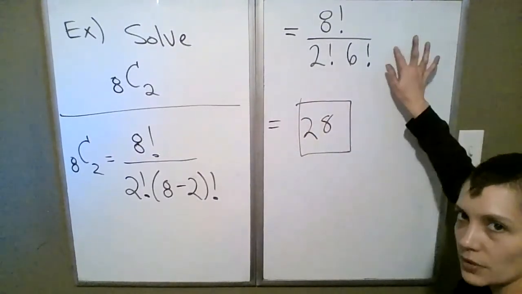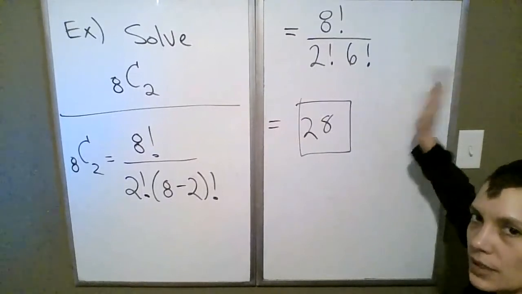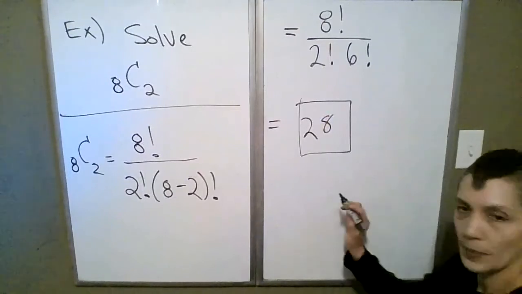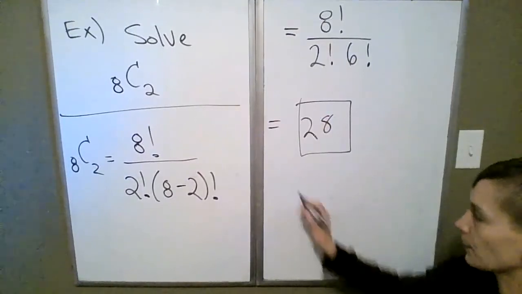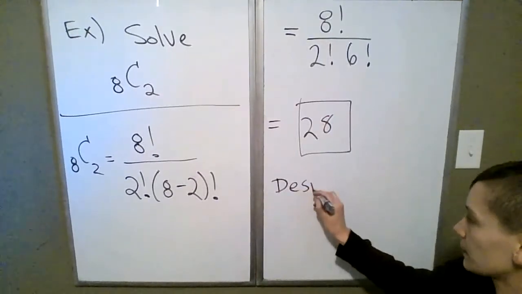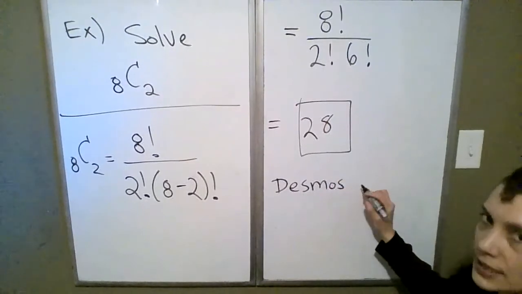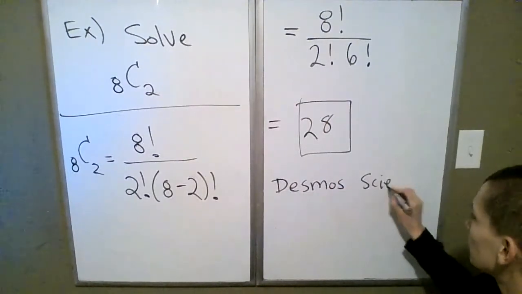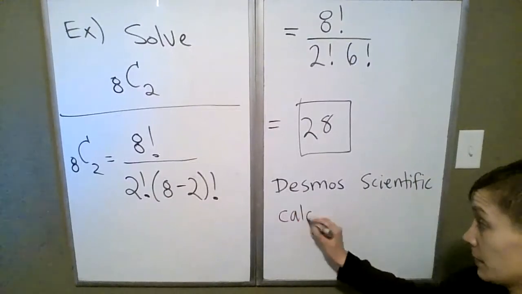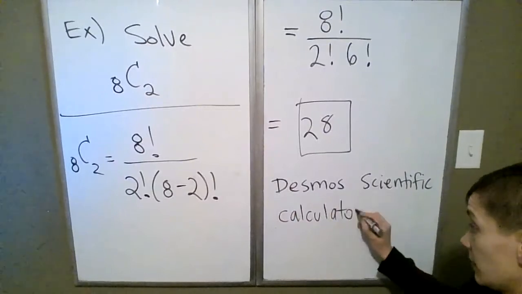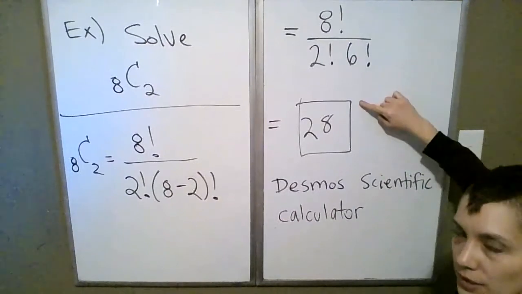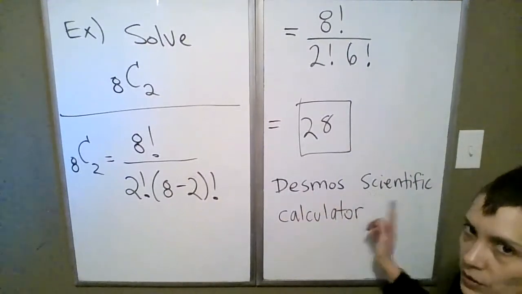This wouldn't be too difficult to expand and then reduce and then simplify till you get to 28. But another way to check maybe is to use a calculator. I suggest Desmos Scientific Calculator. That's a place where you can type this in and you'll get that result. And you can just find this on Google.